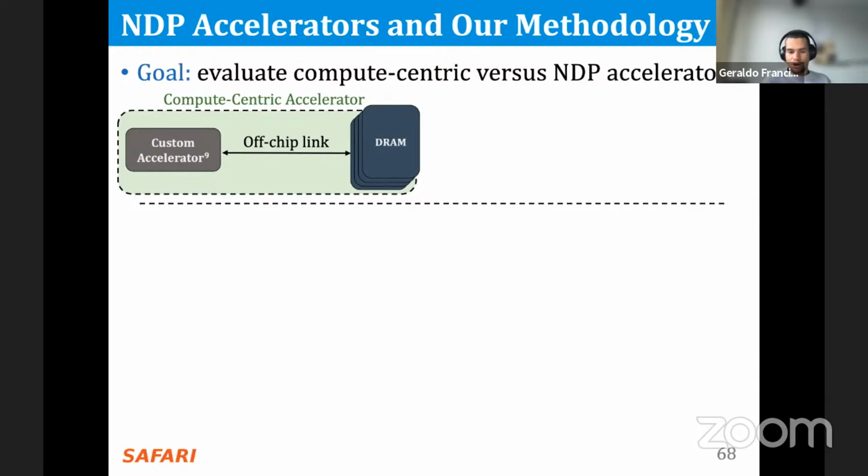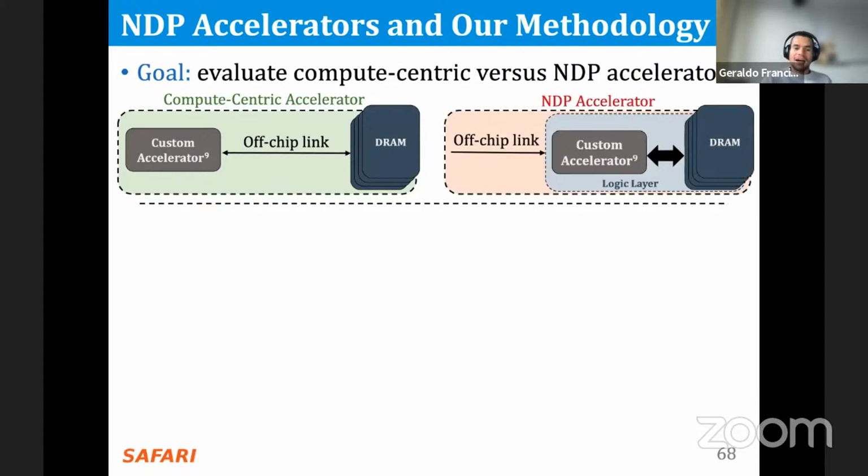This is similar to your regular, for example, Edge TPU accelerator or neural network accelerator. We contrast this compute-centric accelerator with a near-data processing version of the same accelerator. So you take the compute-centric accelerator, the custom accelerator, and we move it to the logic layer of a 3D stacked system, and we compare both systems.